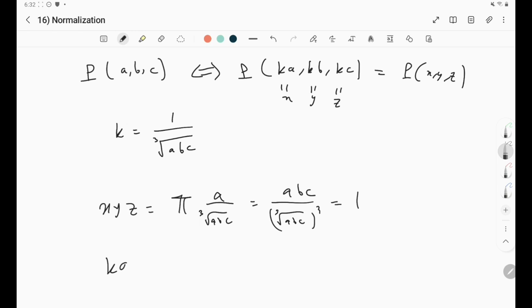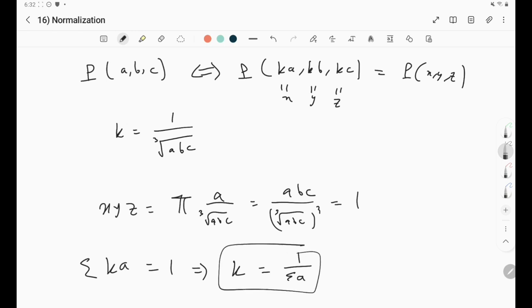You want the sum of ka to be 1. So what does that mean? k is equal to 1 over the sum of a. So by this choice of k, you can assume that their sum is 1. And so on. You can do whatever you want. You can assume the sum of ab is 1, the sum of ab is 3, whatever you want. For each one of them, you can choose some k.